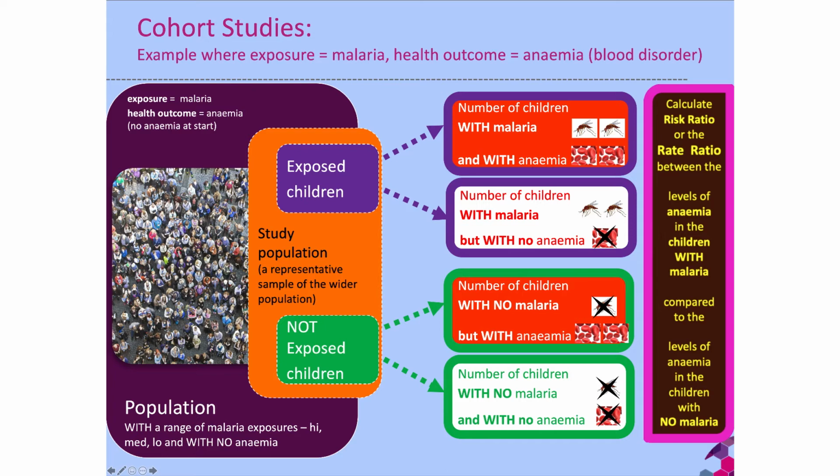We could calculate the rate of anemia in children with malaria divided by the rate of anemia in children with no malaria. And as always with cohort studies, these children are generally followed up over a number of years.